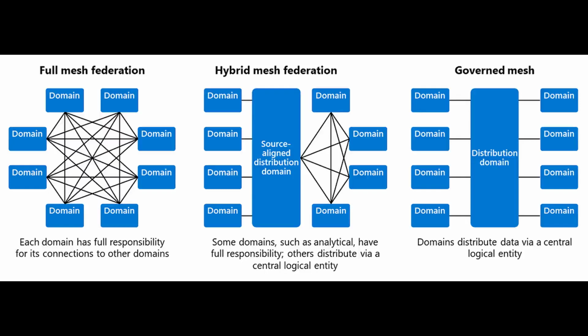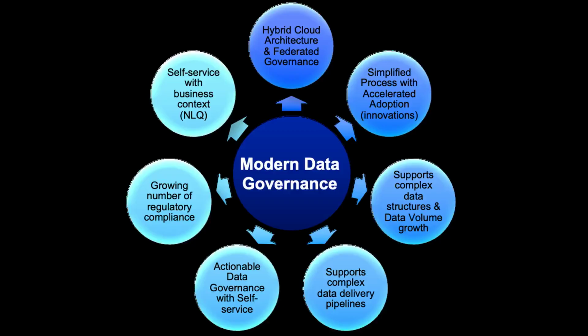Enhanced fault tolerance. If one node fails, others can continue to operate. Cons: more complex management and potential challenges in maintaining data consistency across nodes. Security measures must be robust, as each node can become a target.